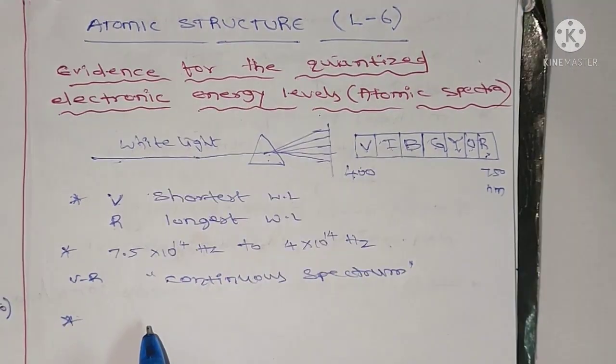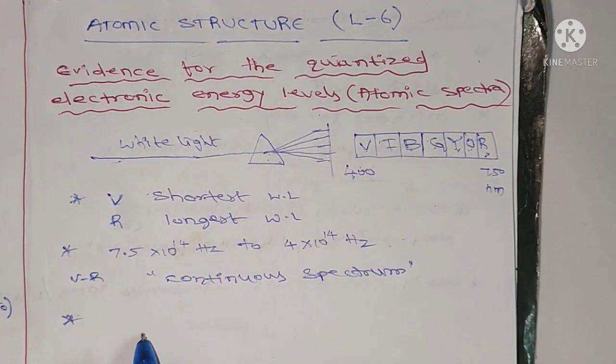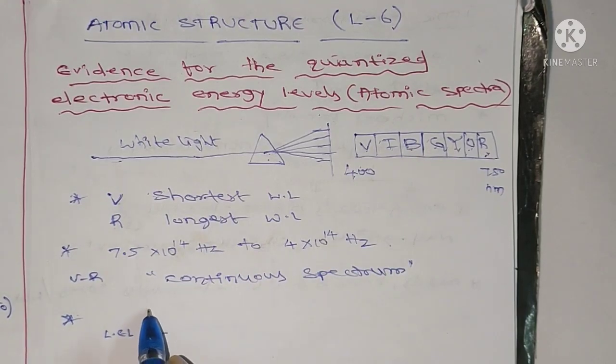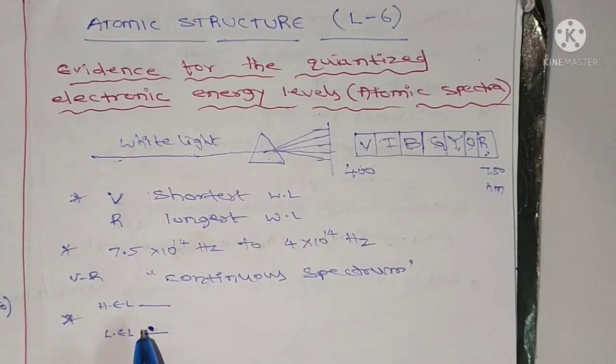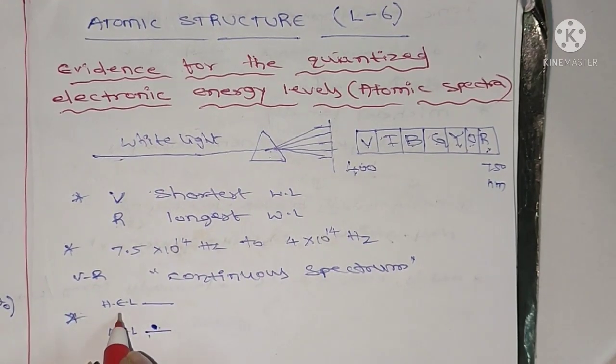And see here, this is the lower energy level and this one is the higher energy level. At the lower energy level, there is an atom or molecule, and this is the electromagnetic radiation.